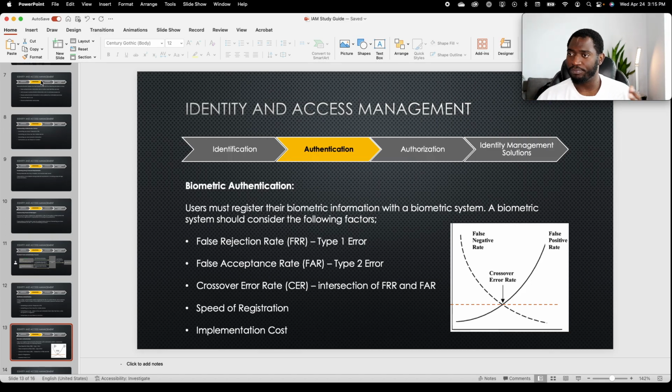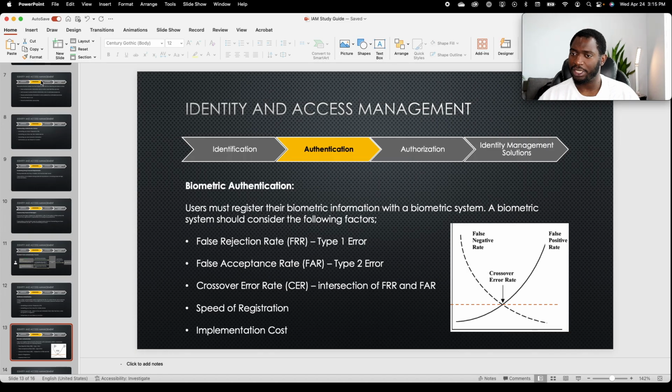So these are both sides of the coin, and from a mathematical or statistical perspective, you want to measure the false rejection rate as well as the false acceptance rate so that you can tailor or fine-tune the various rates to get your crossover error rate and then determine if the crossover error rate is at an acceptable level based on the resource that needs to be protected.